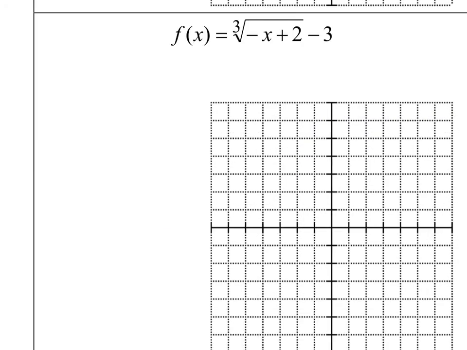All right, guys, here we have a cube root function. We have the cube root of negative x plus 2, minus 3. Okay, now I'm still going to work left to right. So looking at the inside, we have a negative sign, and that means we're going to reflect over the y-axis.